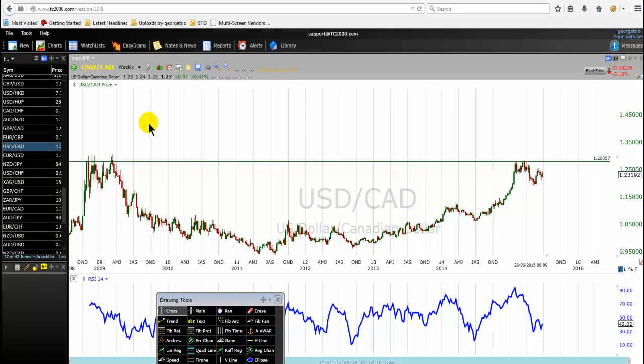It makes sense? If crude oil is going down, the Canadian dollar alone will go down, but the US dollar currency pair will go up. Okay, it makes sense. We are comparing the US dollar to the Canadian dollar. It makes sense? So, very, very important point traders must understand.